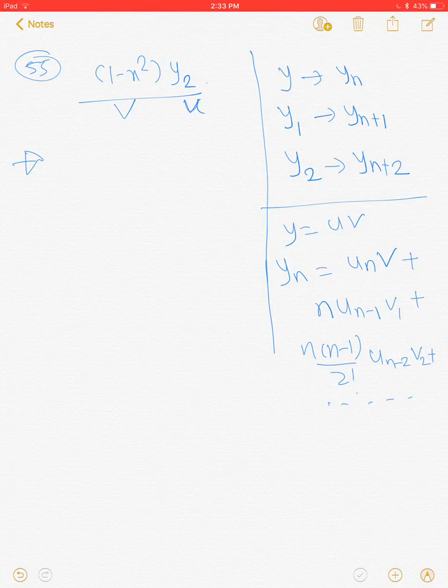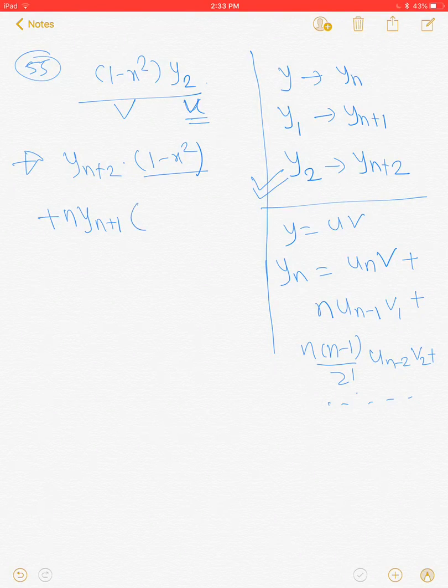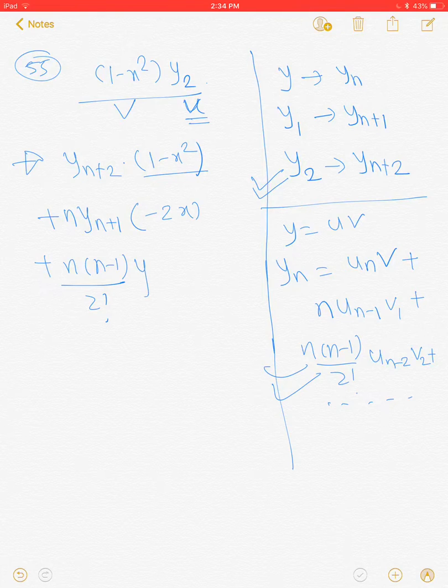So we are taking first the nth derivative of function u, that is the nth derivative of function y2, which means yn plus 2, into the second function as it is, plus n into (n minus 1), that is yn plus 1, into the first derivative of this function, that is minus 2x, plus n into (n minus 1) by 2 factorial, just using this formula, into yn, the (n minus 2)th derivative of y2, into the second derivative of this function, that is minus 2.